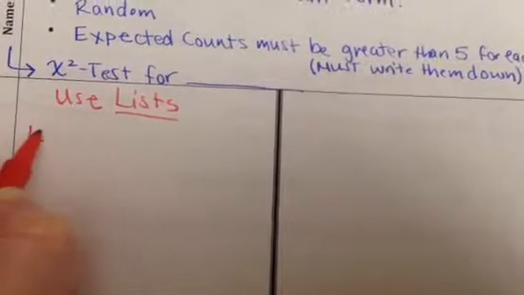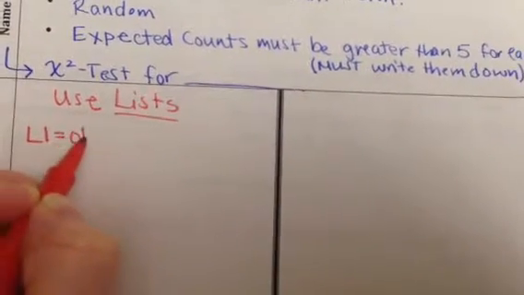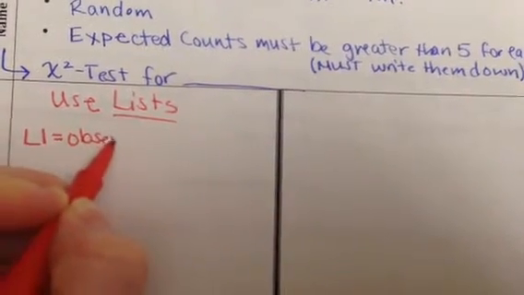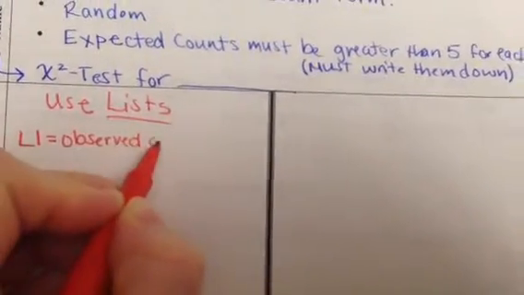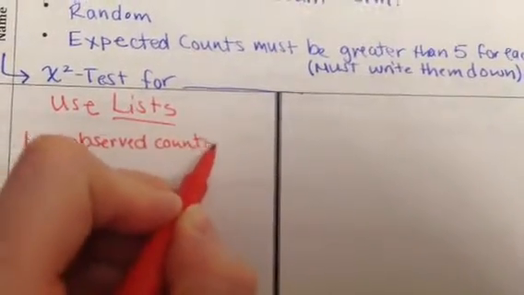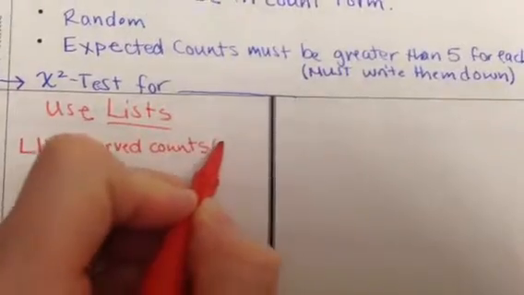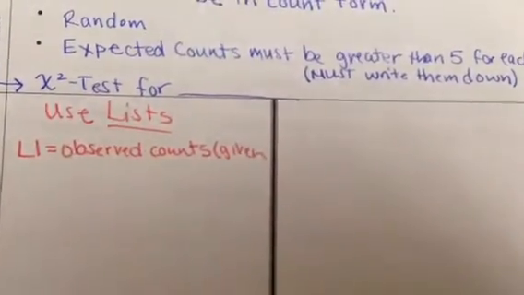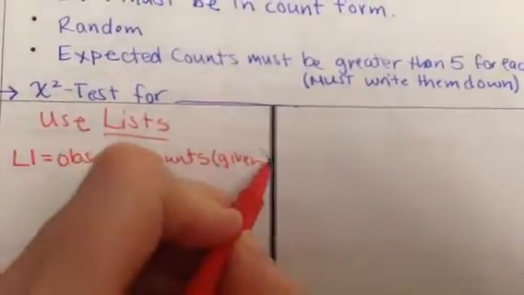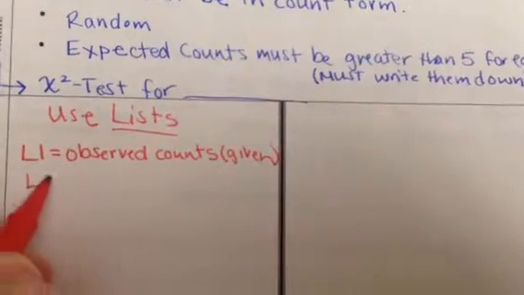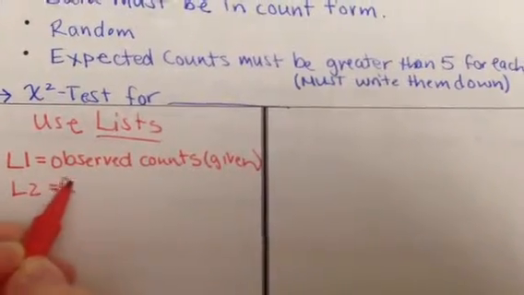So for goodness of fit, in L1, you're going to put your observed counts. And that should be given to you. In L2, you're going to put your expected counts.